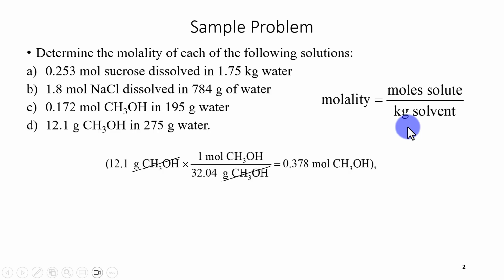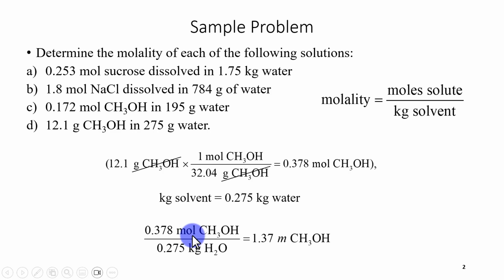Now let's figure out the kilograms of solvent. Well, I have 275 grams of water. To convert that to kilograms, I have to divide it by 1,000, and that gives me 0.275 kilograms of water. Now that I have both of these, I can go ahead and solve for molality.